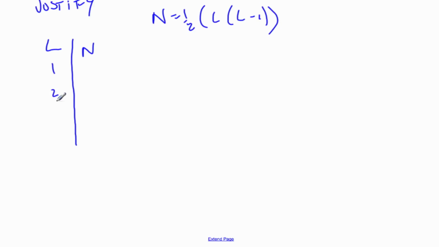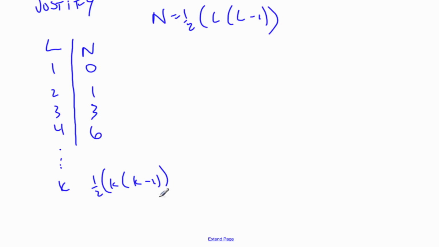And it goes 1, 2, 3, 4, and this goes 0, 1, 3, 6. Eventually here, I get K. If I plug K in here, I know I'm going to get 1/2 K times K minus 1. So if I think about what I'm going to do here, each time I add 1 and then 2 and then 3.